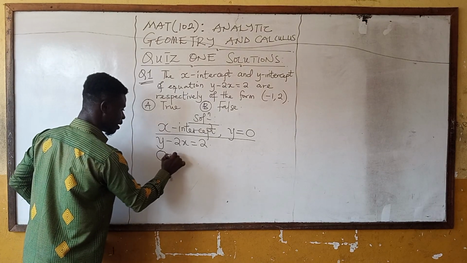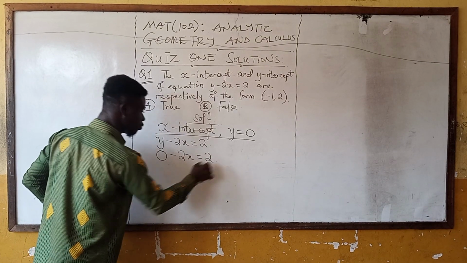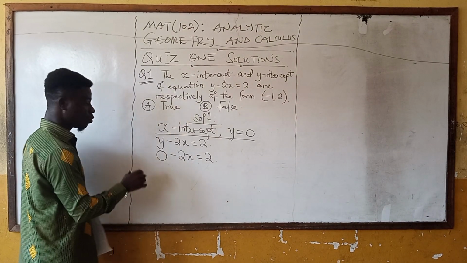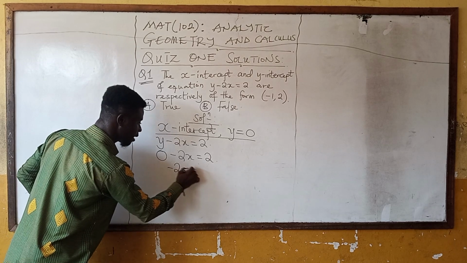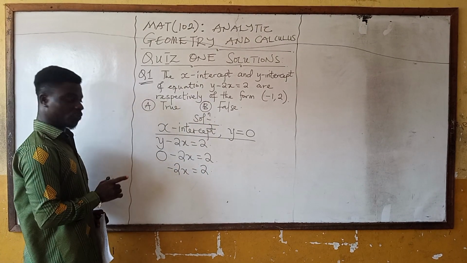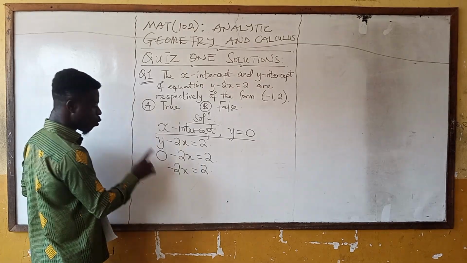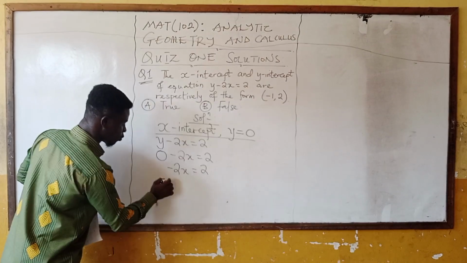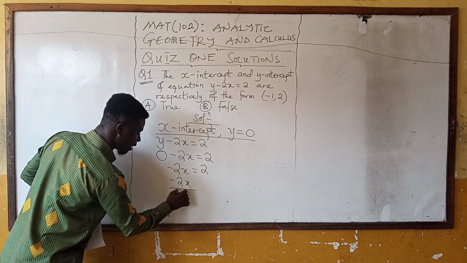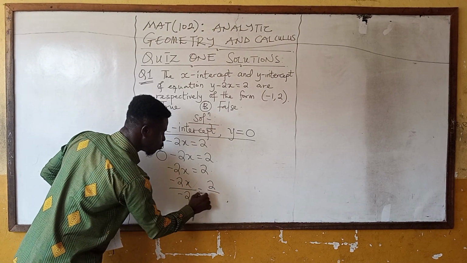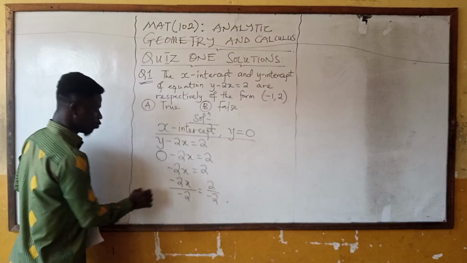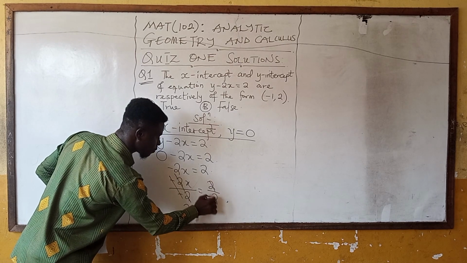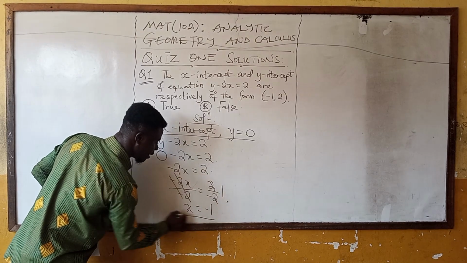So I get 0 minus 2x equals 2. Then I solve for the rest of the variable. 0 minus 2x, we obtain -2x equals 2. What do we do? We have to divide both sides by the coefficient of x, which is -2. So -2x divided by -2, 2 divided by -2. We get x being equal to -1.